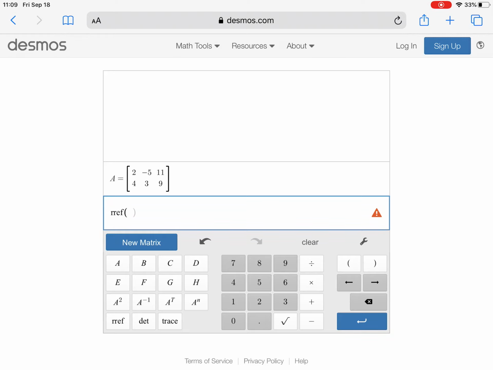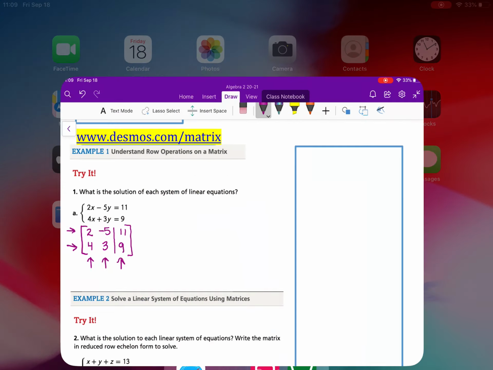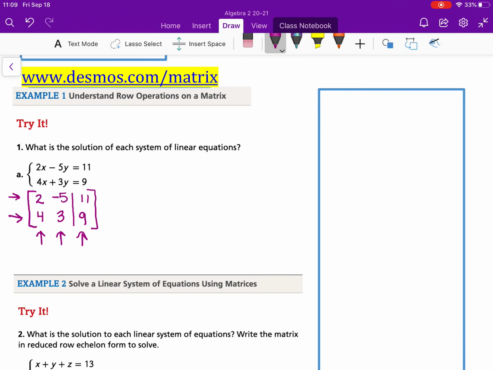Lucky you, you get to use Desmos to do it instead. So first you click RREF, then I put A to state that I want the matrix above to go in there. And notice at the end here, it gives me 1, 0, 3, 0, 1, -1. That's important.